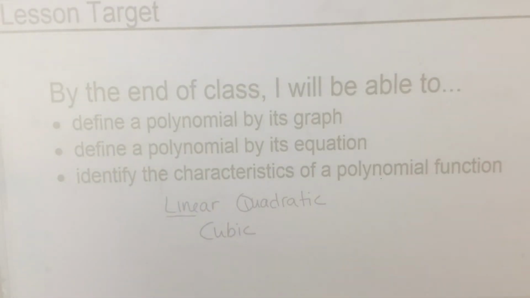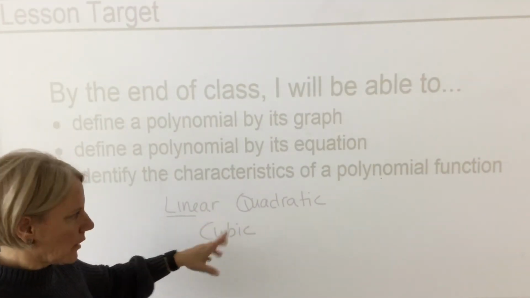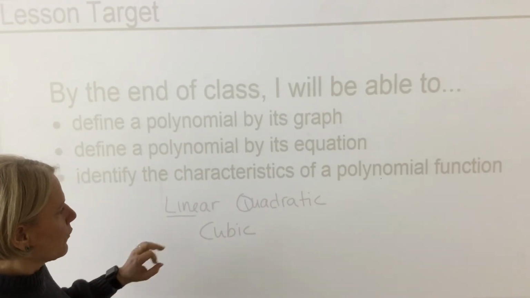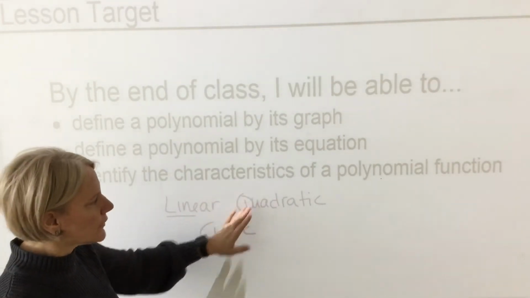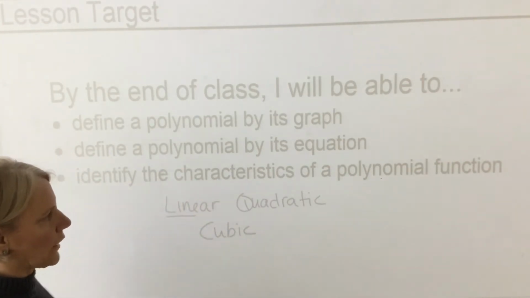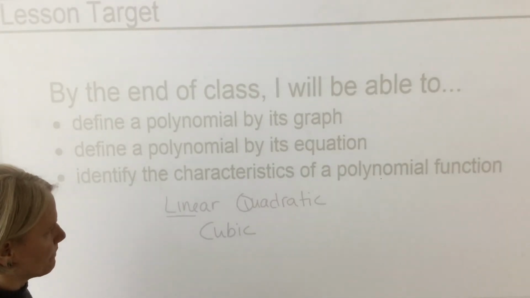So for each of these, we're going to look at their equations and what makes it a polynomial and what makes it this particular kind of polynomial. We're going to look at their graphs because they all look very different. They each have their own personality. And then we're going to look at those characteristics and put names to them and identify them.